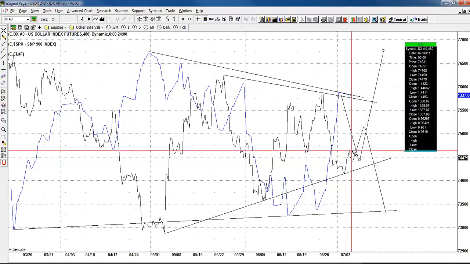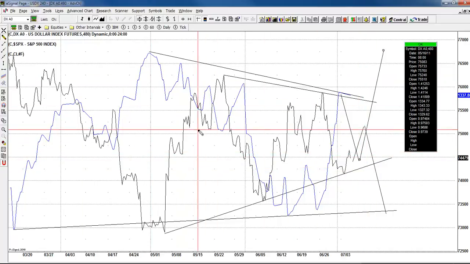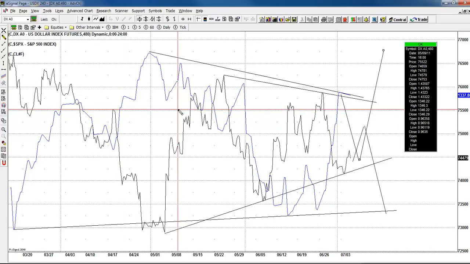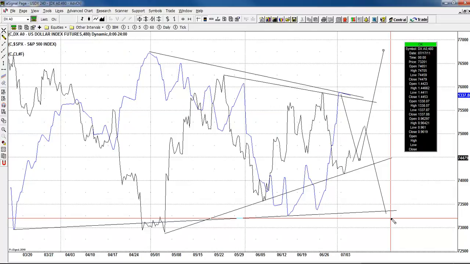Now you see that this S&P structure, which is the blue one, is supporting the triangular scenario in the dollar.